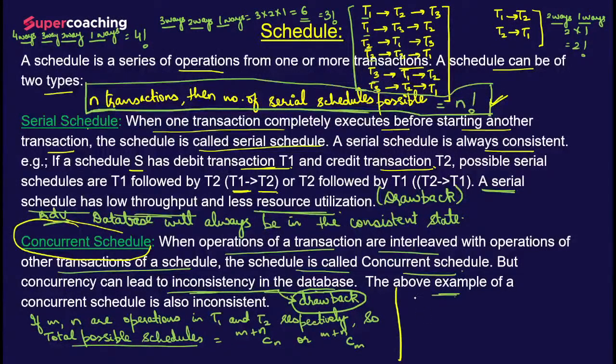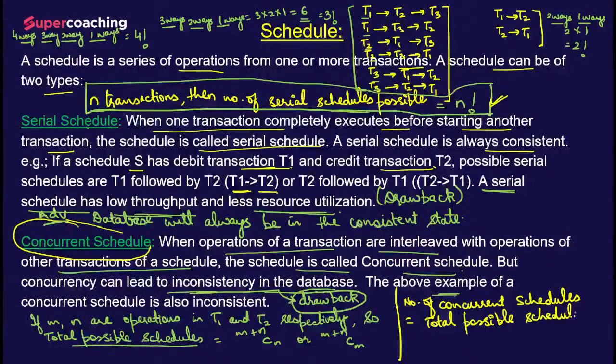So if I want to find the number of concurrent schedules, that is equal to total possible schedules minus number of serial schedules, right? I hope that this is clear.